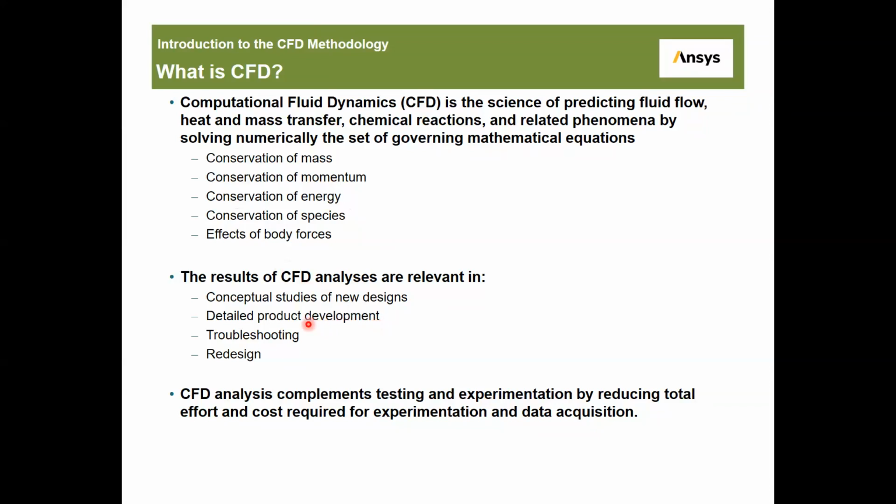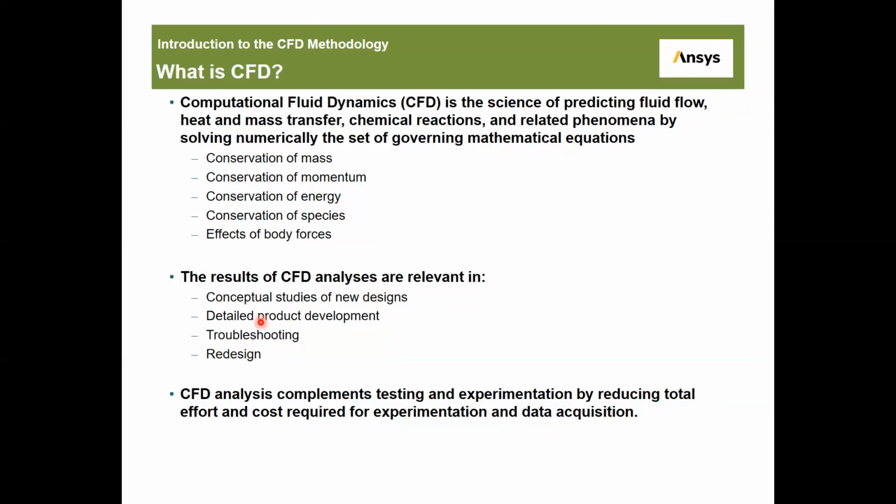We can test using lab scale or experiments, but if you have so many designs and the test required is unsafe, dangerous or expensive, then you need to use simulation. If you want to test, let's say, an explosion, or whether a pressure vessel can sustain a certain pressure, you cannot test how much maximum pressure the pressure vessel can sustain.